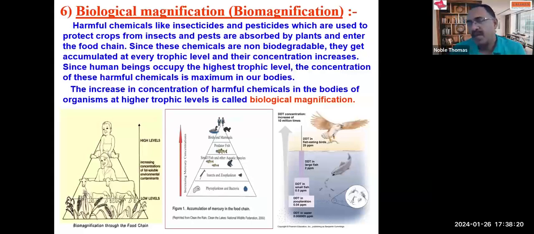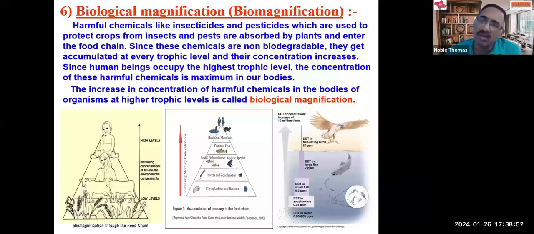For example, if a farmer has sprayed insecticides in his field for controlling the attack of insects on his crop, and let's imagine that every insect drank one drop of poison and died. And let us imagine that there are frogs in this field, and one frog has eaten 10 such insects.